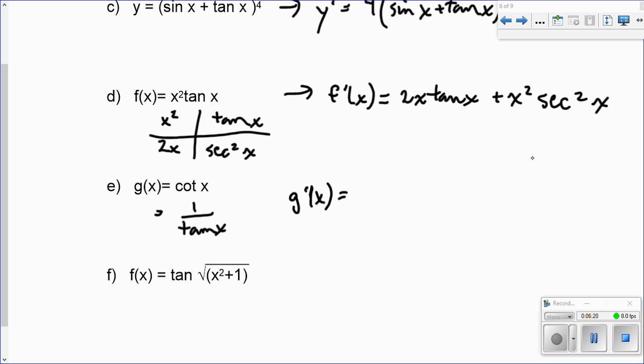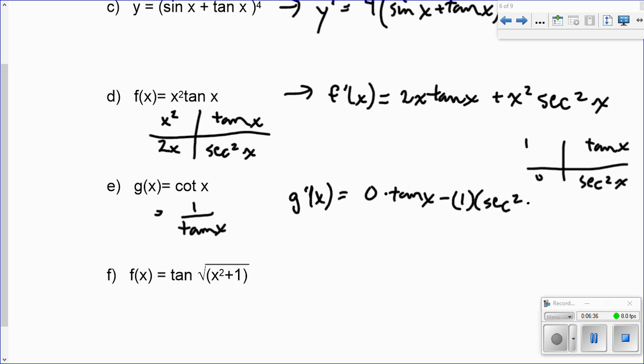Okay, this quotient rule, I'd use 1 and tan x. Derivative of 1 is 0. Derivative of tan x is secant squared x. So now I just use the quotient rule. 0 times the tan of x, take away 1 times secant squared x, all over tan squared x.